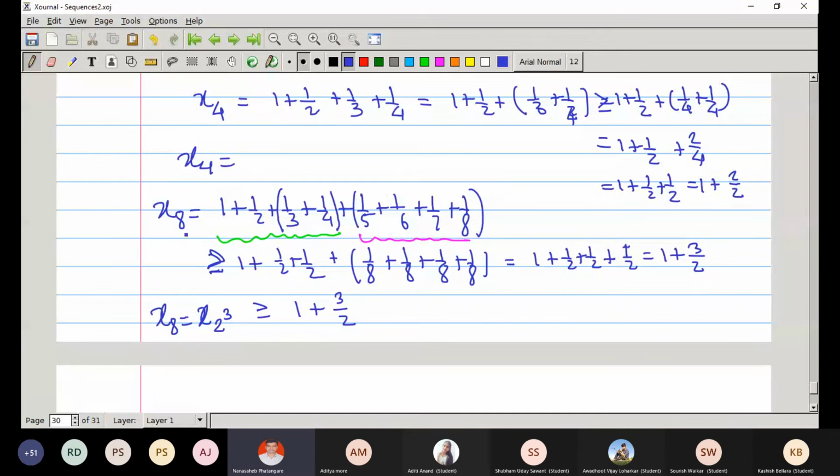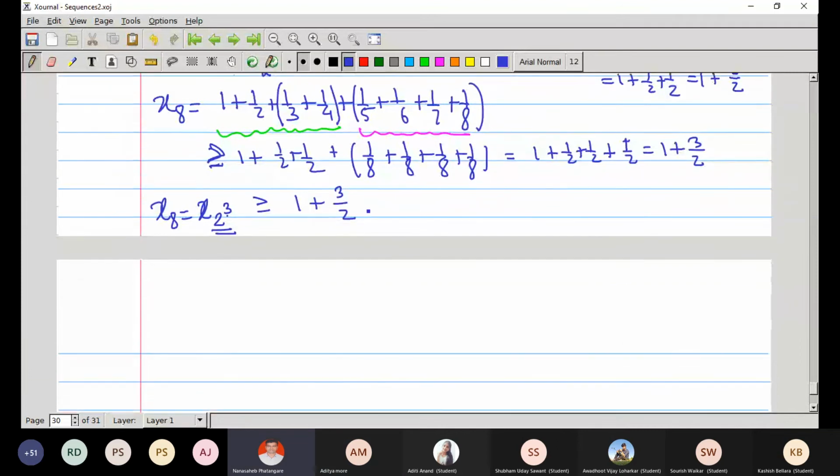And we already proved that x8 is greater than 1 plus 3 by 2. That means x2 raised to 3 is greater than 1 plus 3 by 2, because I am just writing 8 in a different form, 2 raised to 3. Similarly, look at x4. x4 is actually x2 raised to 2. 4 I am writing in terms of 2, 2 raised to 2. But we have already verified that it is greater than 1 plus 2 by 2.